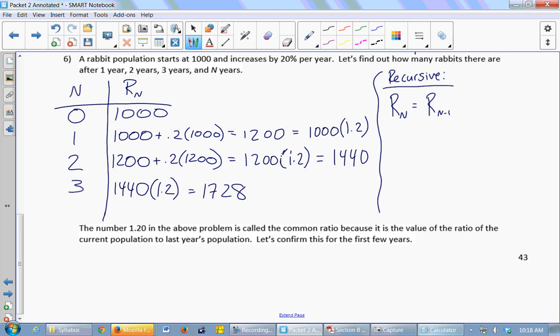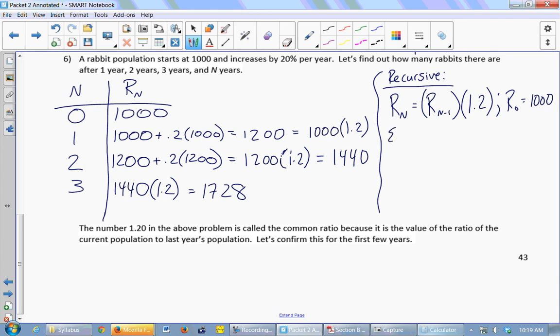And then what do I do to that? Times 1.2. That will give me a 20% increase. Take however many you had the year before and multiply by 1.2. And whenever you do a recursive formula, you should also give the starting amount, because you can't implement a recursive formula unless you have some number to start with. So we write down R sub 0 as 1,000.